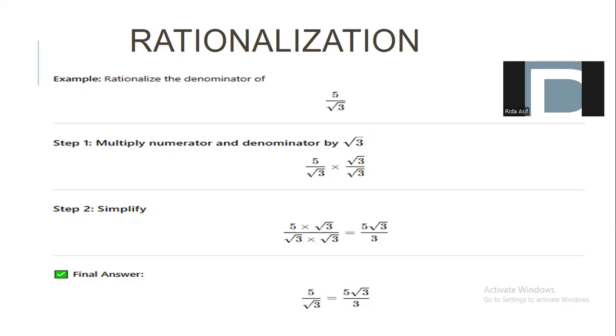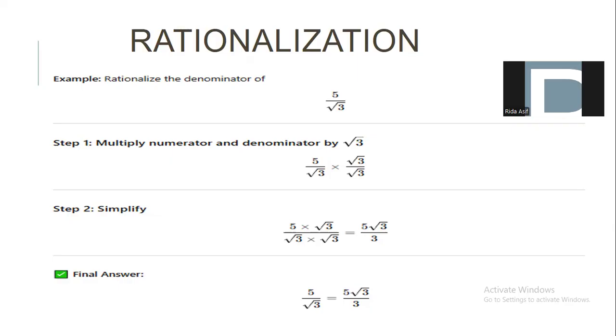In the numerator we get 5 root 3. 5 multiplied by root 3 is 5 root 3, and root 3 into root 3 will give you only 3, because both have a root and the numbers are the same. The bases are the same, so powers are added and we get 3 squared. The square and square root are cancelled, and the root is removed from the denominator.